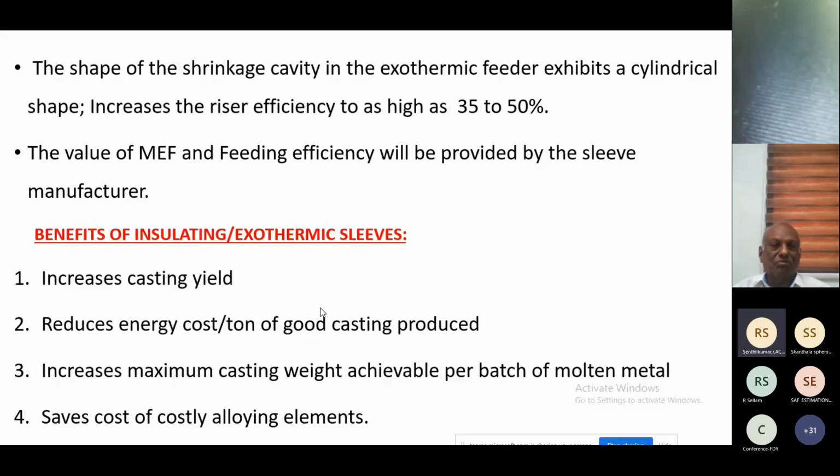The benefits of insulating and exothermic sleeves: they increase the casting yield, reduce the energy cost per ton of casting produced, increase the maximum casting weight achievable per batch of molten metal, and save the cost of costly alloying elements.